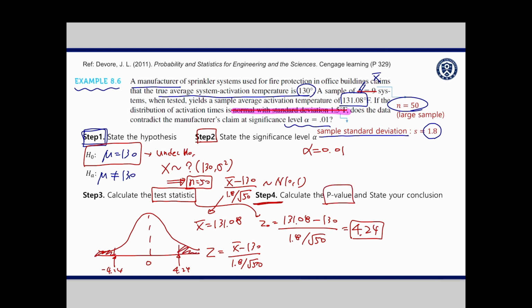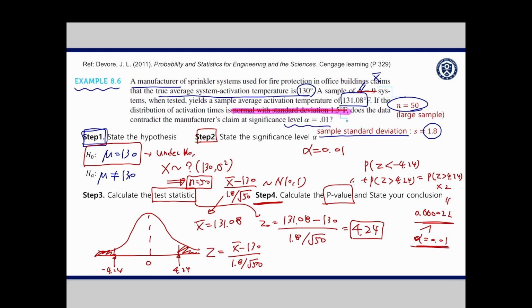The p-value equals the probability, multiplied by 2. So we can get the p-value as 0.00022, which is smaller than the significance level 0.01.